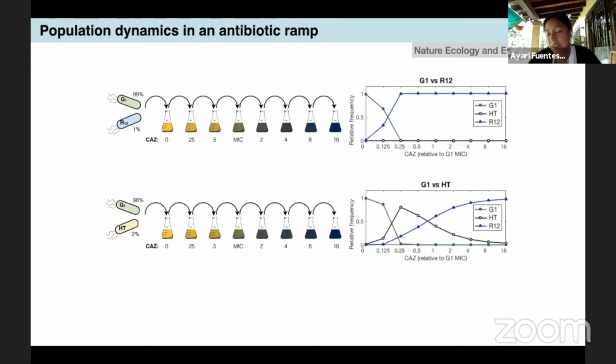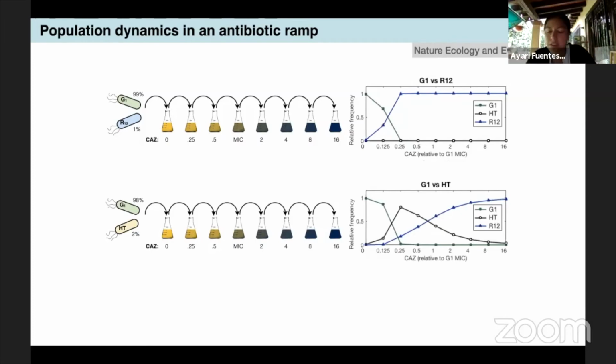And at the end of the experiment, the R12 is going to fixate in the population exactly the same as before. But now we have this HT population, the heterozygous population, that is going to increase in frequency and then collapse. So for some amount of time in the population, we are going to have coexistence of the G1 and the R12, both within a cell.